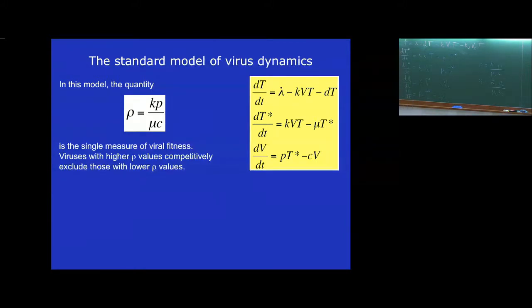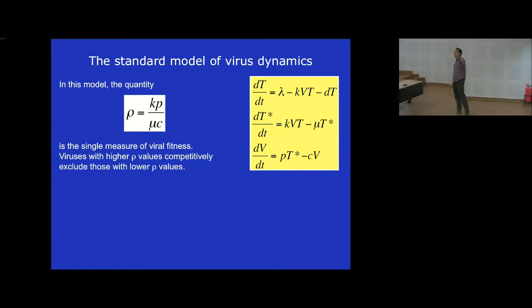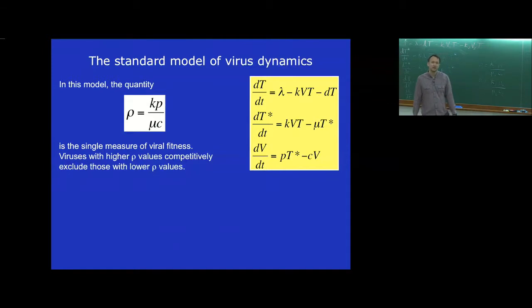And this kind of makes sense. K and P are good things for the virus. If you have a high K, then you infect quicker. If you have a high P, you make more viruses. On the other hand, mu and C are bad things. If you have a high mu or a high C, then you get cleared more quickly. So it's simply a ratio of what's good over what's bad, and the one that has a higher value of this ratio gets to be the winner.